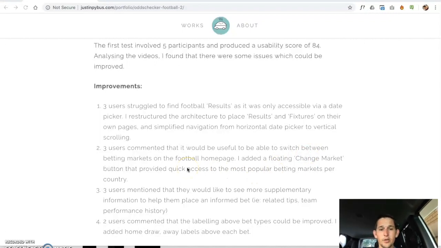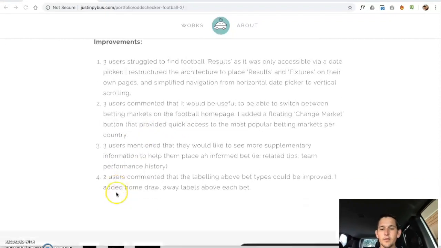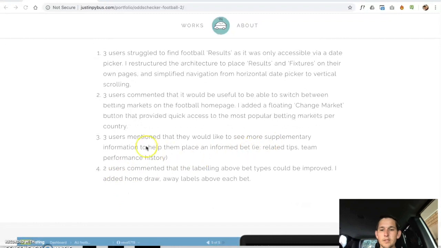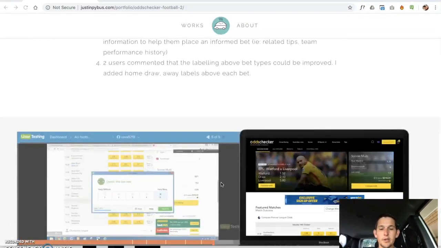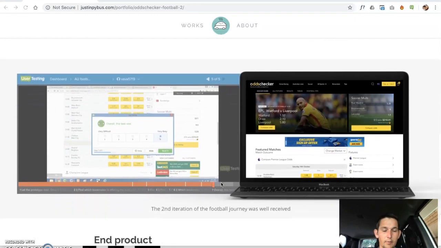So I'll show you, I've added a floating action button there so that you could just change the market really quickly. 3 users mentioned that they'd like to see more supplementary information, such as betting tips. So we added those at the bottom of each page, and 2 users commented that labeling above bet types could be improved. So actually calling out exactly what type of bet was being placed.